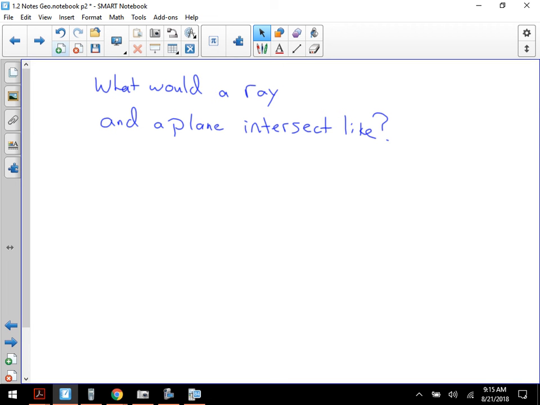Now, a ray has what? Where does a ray start? At a point, right? So a ray starts at a point and it goes infinitely in one direction. A plane, if you remember, is that flat surface that goes out in all directions.